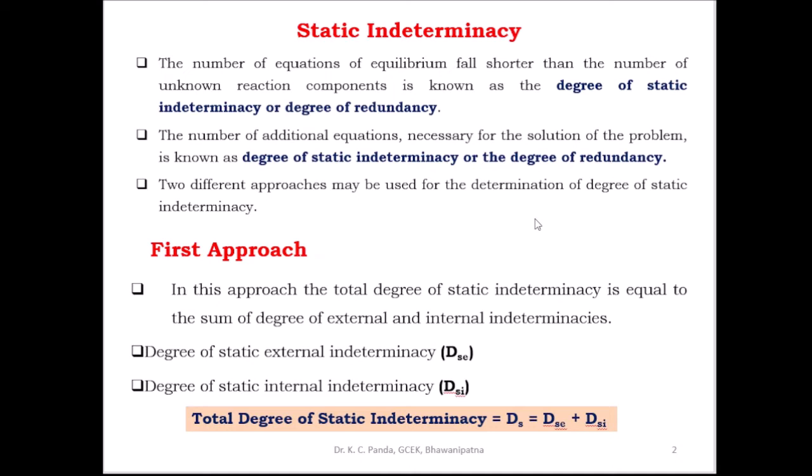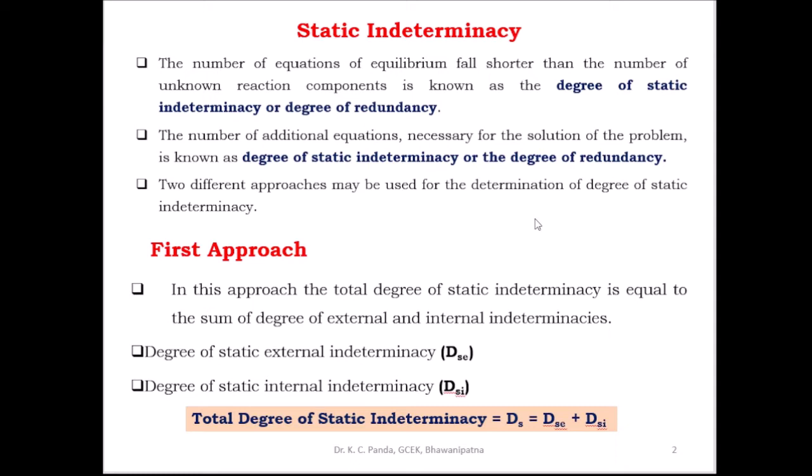And statically indeterminate structures are those structures which cannot be analyzed with the help of equations of static equilibrium alone. These types of structures are also known as hyperstatic structures. In the case of statically indeterminate structures, the number of unknowns is greater than the number of independent equations derived from the condition of static equilibrium.